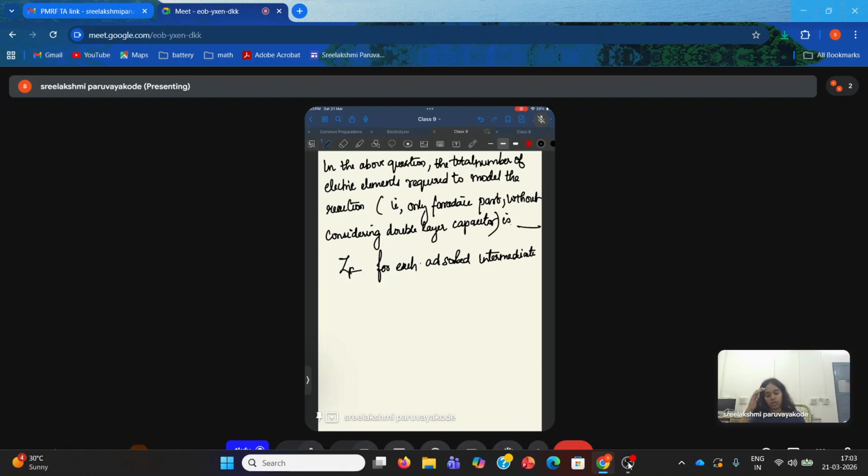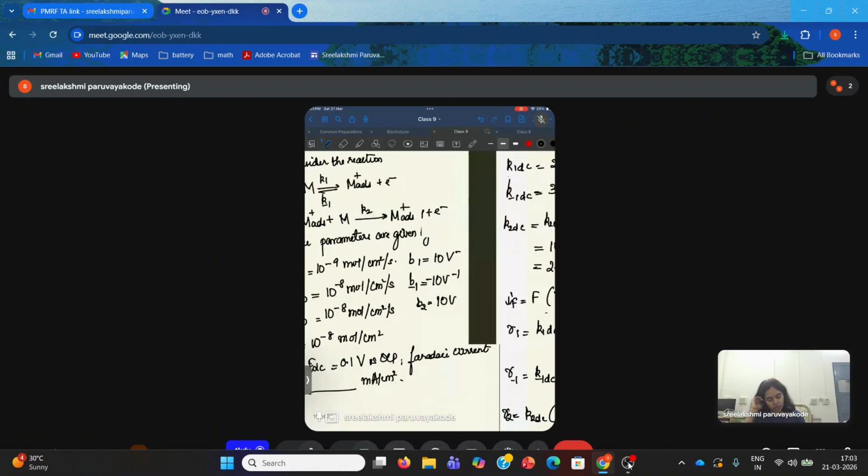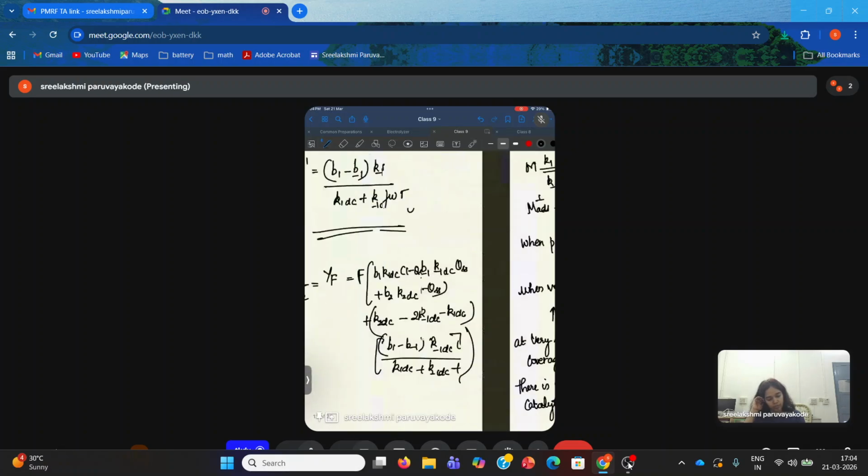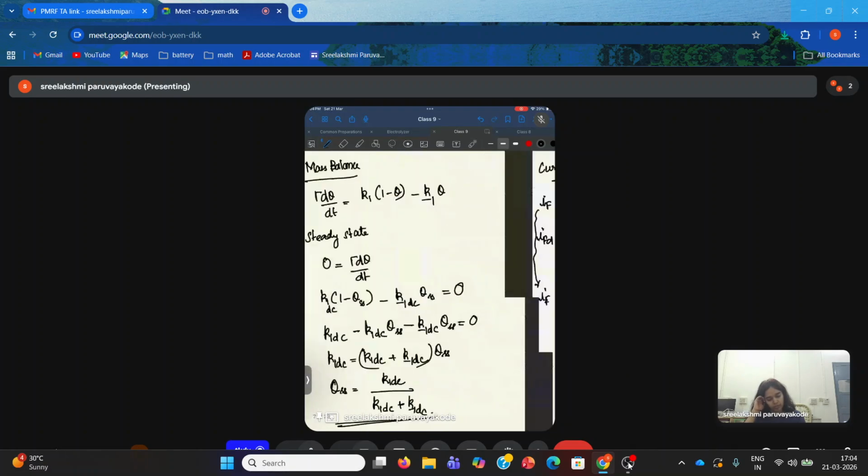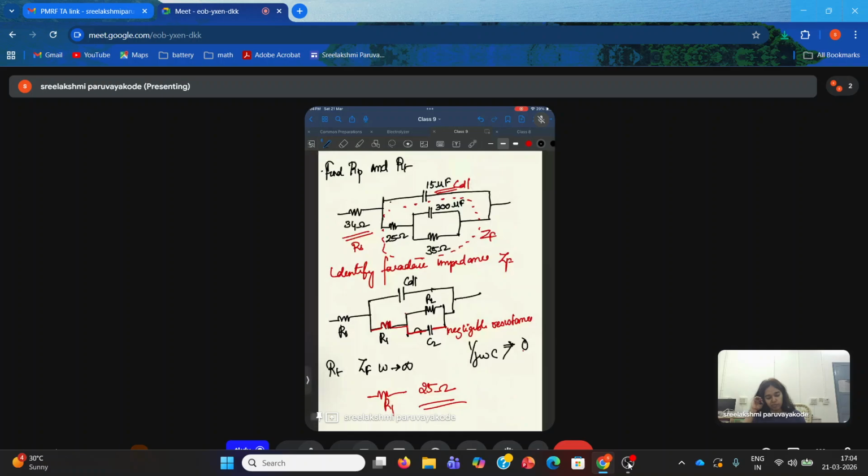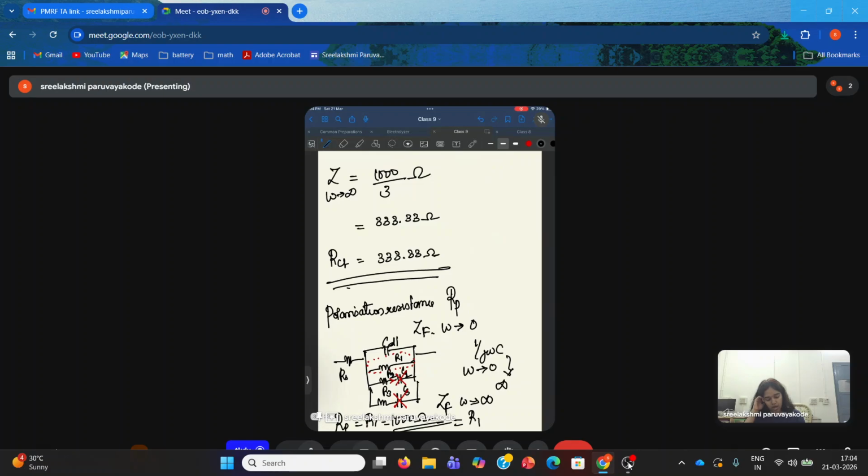That's how we have modeled. If you remember any of the circuits, we did draw something. Yeah, here. We said there's a Faraday impedance. You see, R and C will come in a pair. Now take this also: R2, C2, R3, C3. Okay. So each pair of RC corresponds to one adsorbed intermediate.